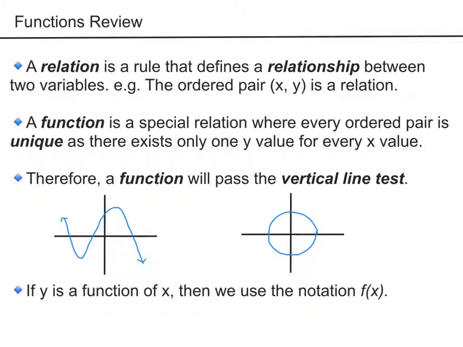Firstly, any curve that we sketch can be defined as a relation, since a relation is simply a relationship between two variables. For example, a relationship between two variables could be something like y is always the inverse of its corresponding x value.